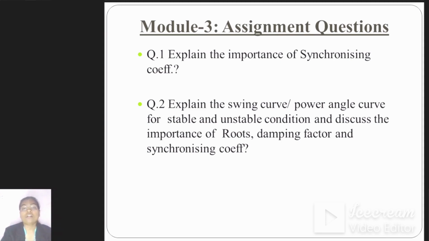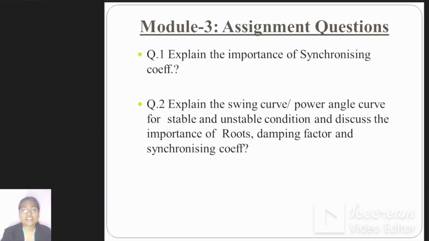You need to draw this power angle curve, that is the electrical power transferred, which is a function of delta, how it is varying up till 90 degrees, what its value is, and up till 90 degrees, what the values of the roots, that is alpha and omega, are, what the value of the damping factor is, and whether the damping factor is positive or negative, and how it is making the system stable or unstable.